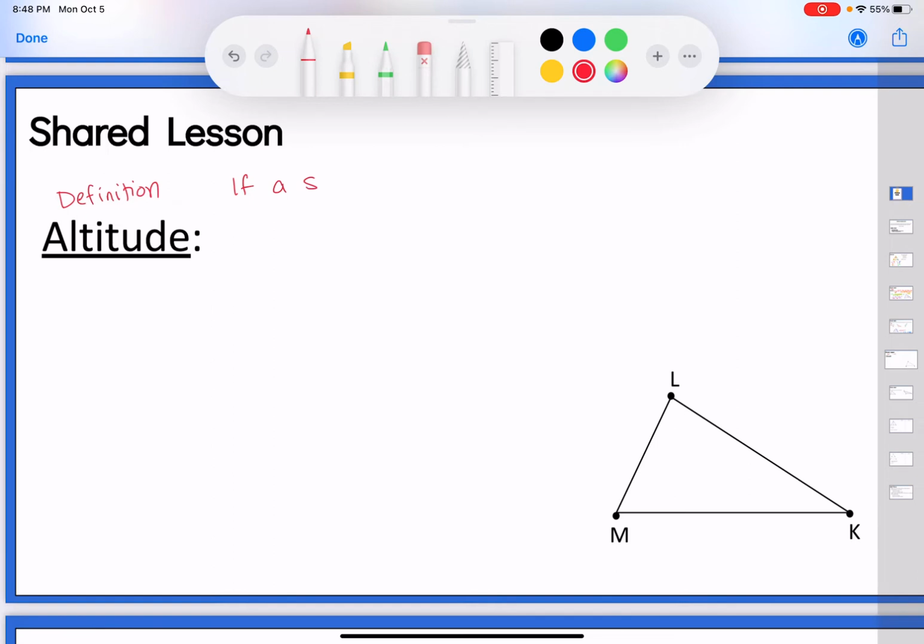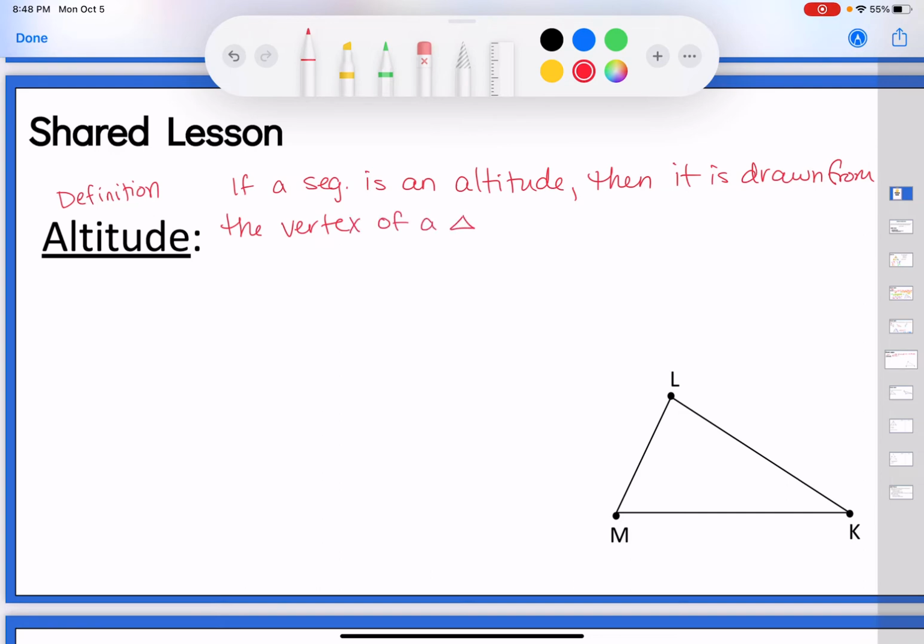If a segment is an altitude, then it is drawn from the vertex of a triangle again and forms right angles with the opposite side.